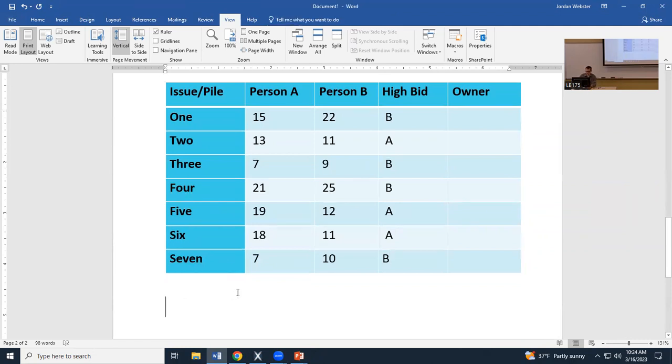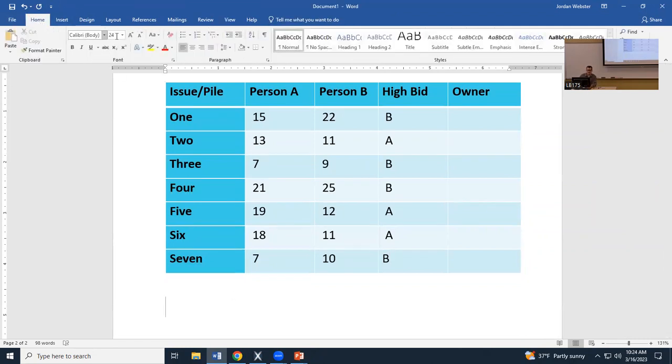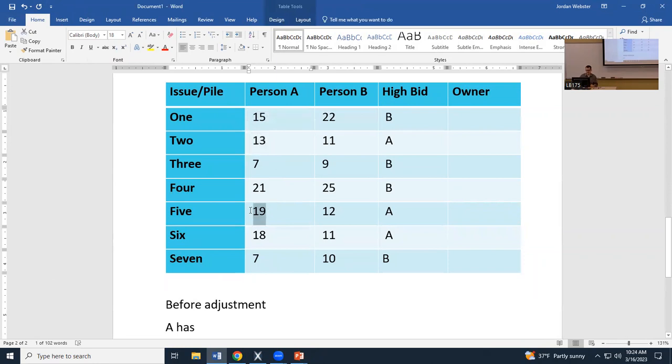Now, at this point, before the adjustment, A has, well, let's look, 13 plus 19 plus 18.